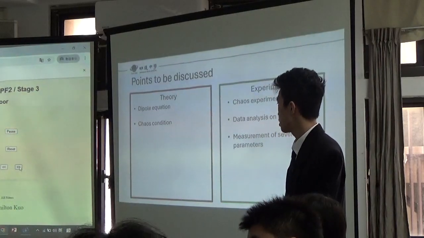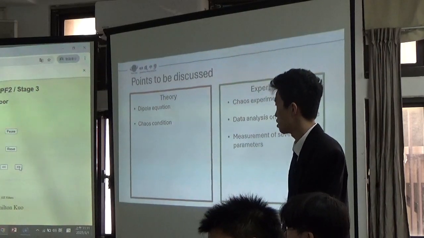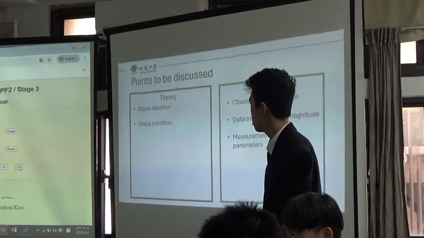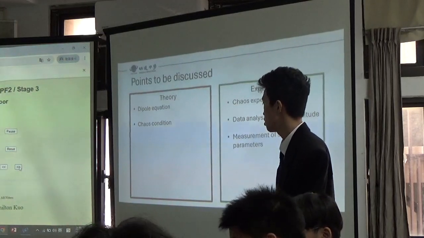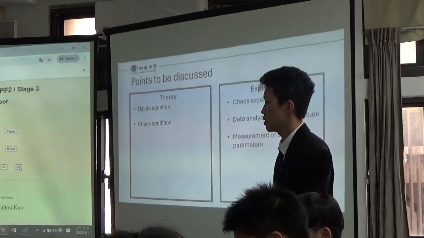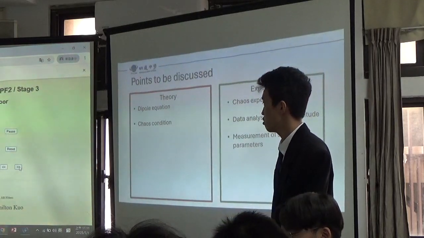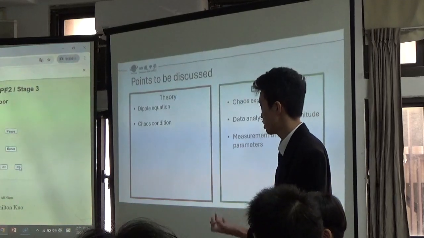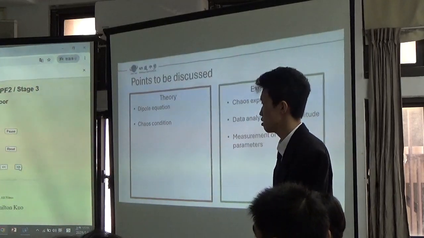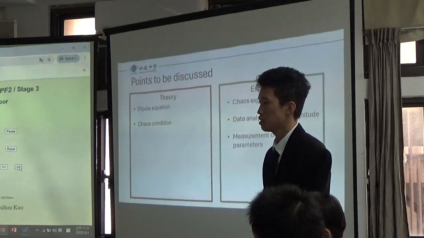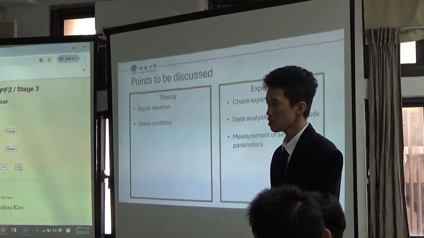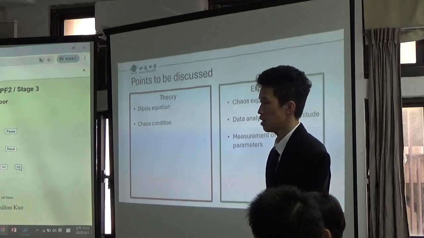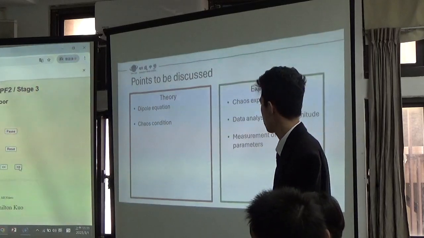Here are the points I would like to discuss about the presentation. In the theory part, we see the dipole equation shown by the reporter, but I wonder if the equation really fits the realistic condition. Also, the chaos condition they mention, since they don't give a clear explanation of why it is a chaos condition.